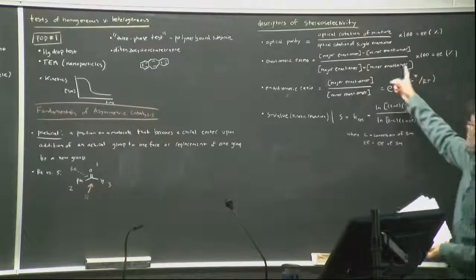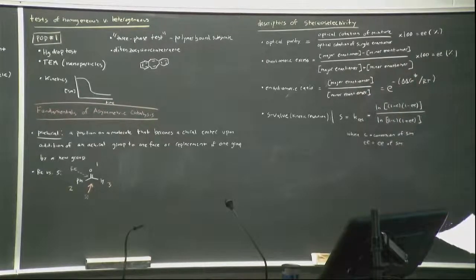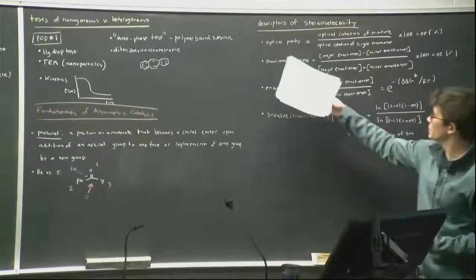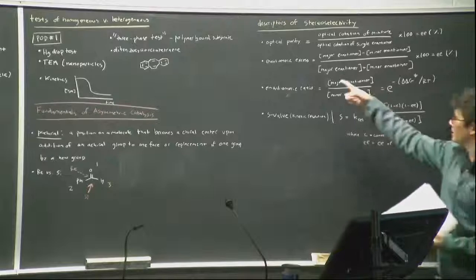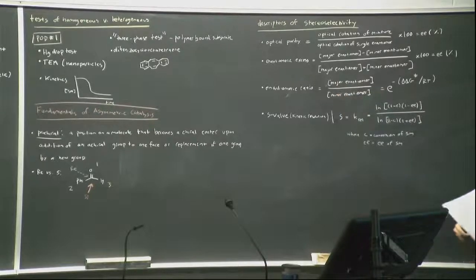And so the enantiomeric excess is defined here. Basically, the difference in the quantity of the two enantiomers divided by the total amount of the two enantiomers times 100. And so because historically this was the best measurement that could be done to determine stereoselectivity, EE, enantiomeric excess, became the standard by which the literature referred to these types of reactions.